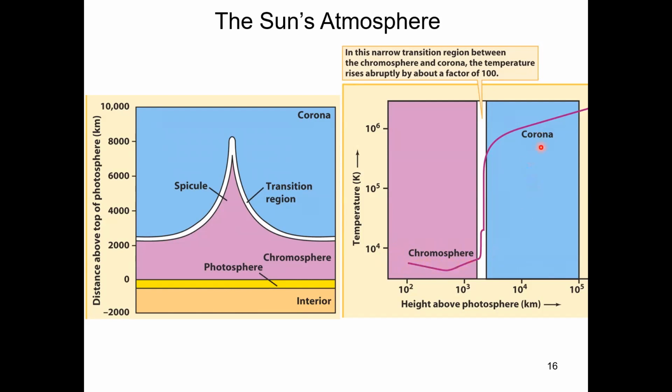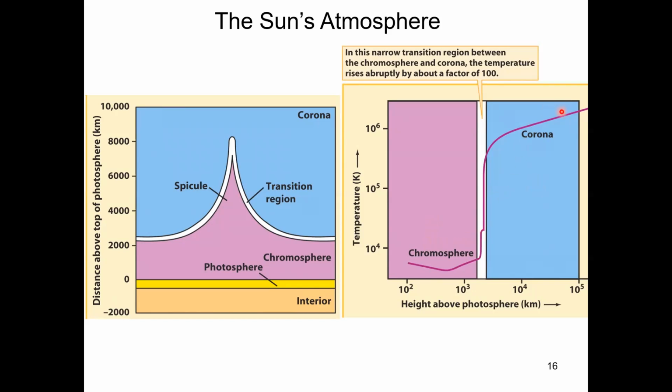But if you look at the corona, the temperatures are very high. And in between, you don't have much of a space. Suddenly, you get very high temperature. Of course, we know the matter density in the corona is extremely low compared with the chromosphere density, because of the volume expansion.